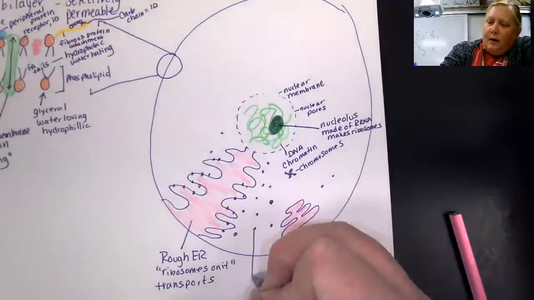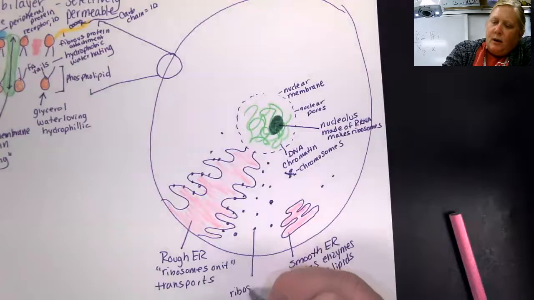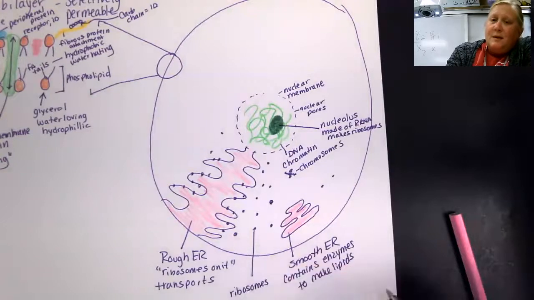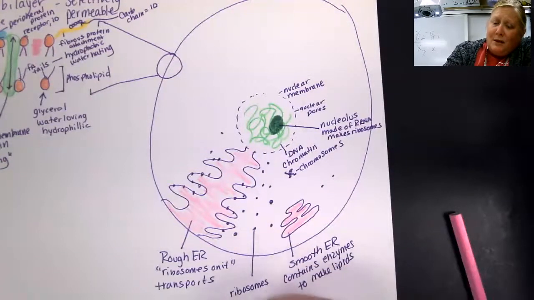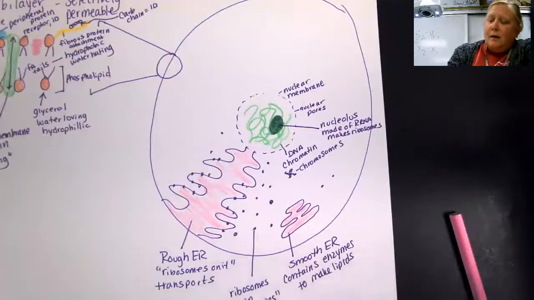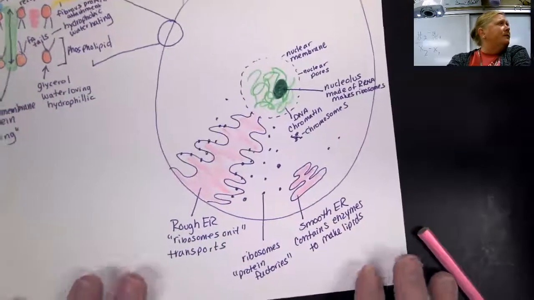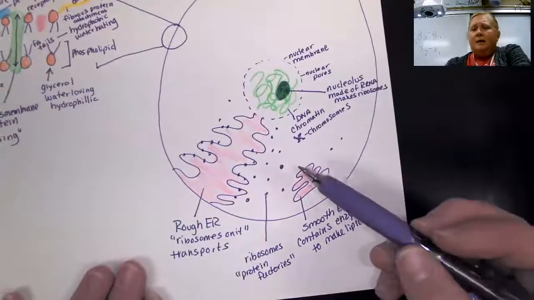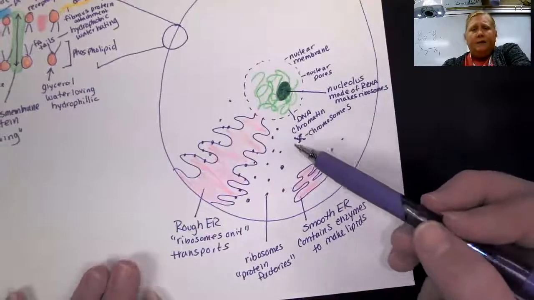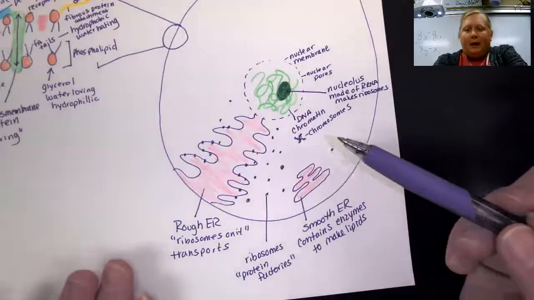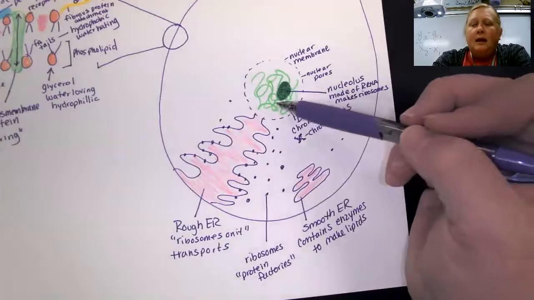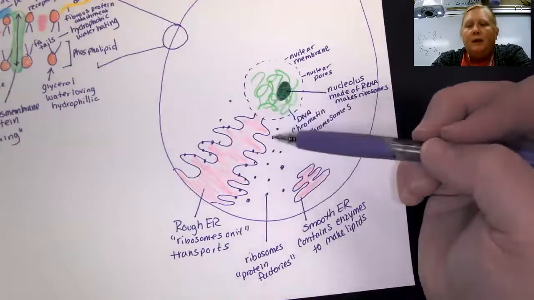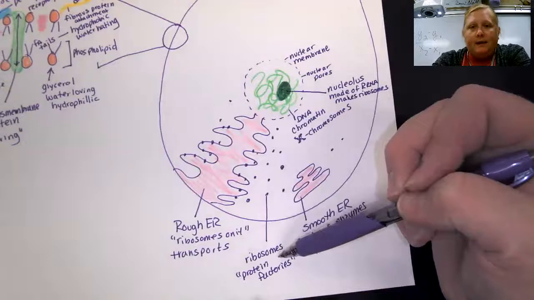And then don't forget about our friend, the ribosomes. What good are ribosomes? Ribosomes are your making factories. These are your protein factories. Super important. Remember from chapter 2 in DNA and RNA, the big aha moment is that the DNA codes for amino acids. Where are the amino acids put together?